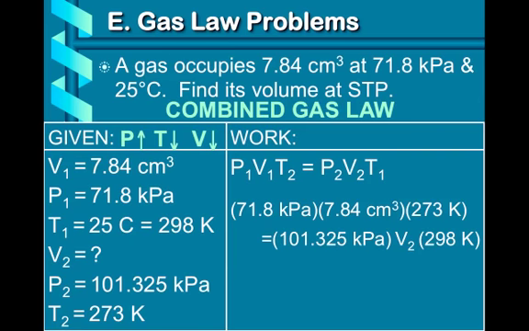Then we divide by our final pressure and our initial temperature, so that we can isolate our final volume by itself, and we should end up with 5.09 cubic centimeters. Remember 3 sig figs, because that's what we have everywhere. And that concludes the problems.